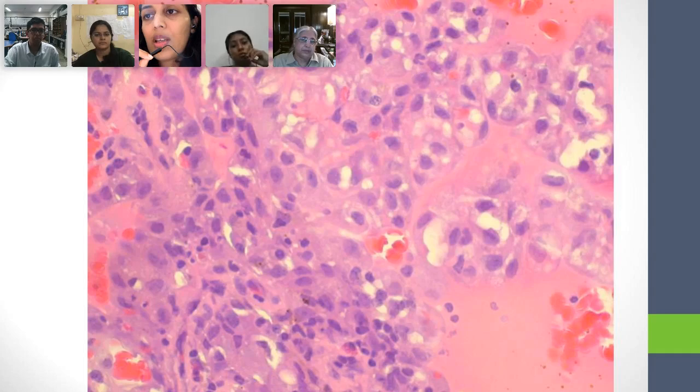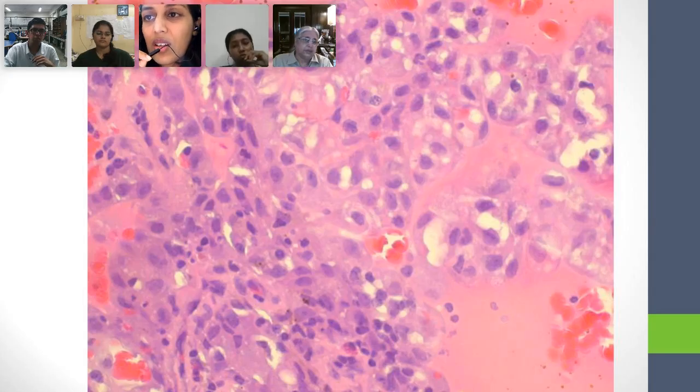Yes, multiple vacuoles in the cytoplasm. What about the nucleus? The nuclei look round to oval with condensed chromatin. Do you think this is condensed chromatin? In some places it has condensed chromatin, in some places it looks pale vesicular, I feel.